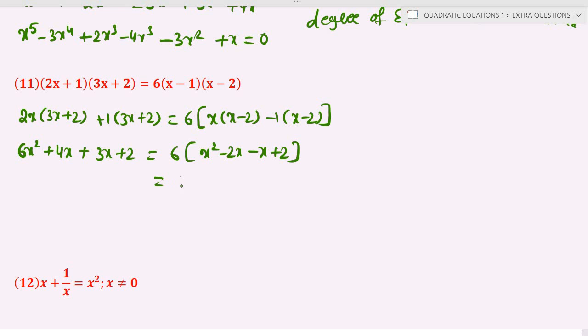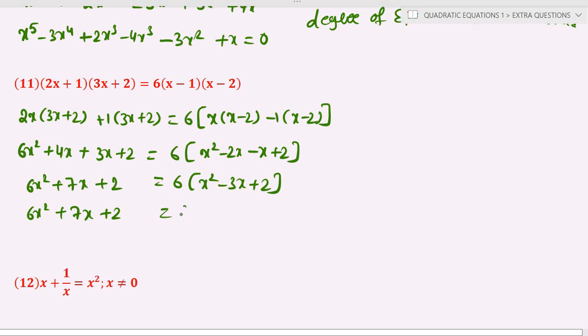And here 6 into x² − 3x + 2, and I am simplifying this: 6x² + 7x + 2 is equal to 6x² − 18x + 12.